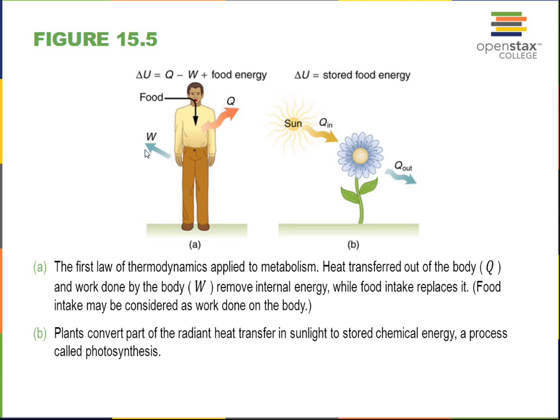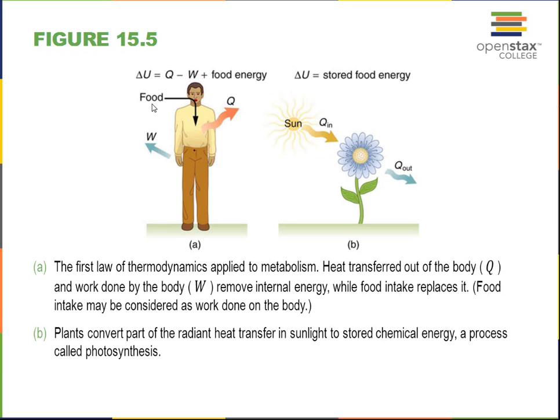The body does work. And in the law of thermodynamics then, this Q is a negative number, this work is a positive number, and our internal energy would run out unless we resupply ourselves with energy from food. So there's another input here.